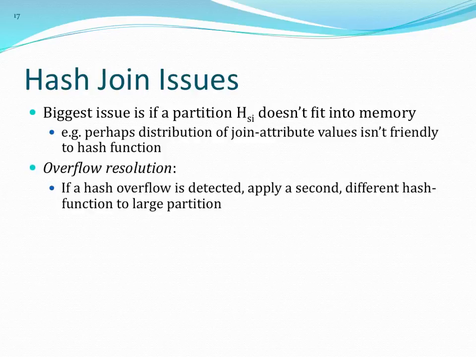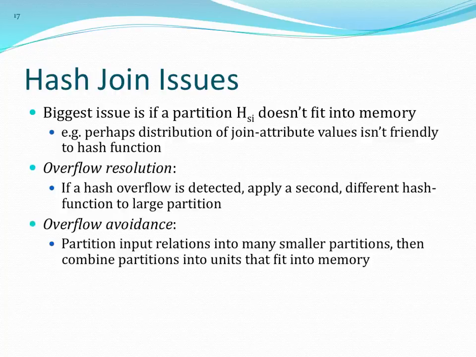There are a couple of different possibilities. One is overflow resolution. I detect that I have an overflow, and you can do this during the partitioning phase. I'm generating partitions and I discover a partition that doesn't work for me, so I need to hash it again and break it down into smaller partitions.